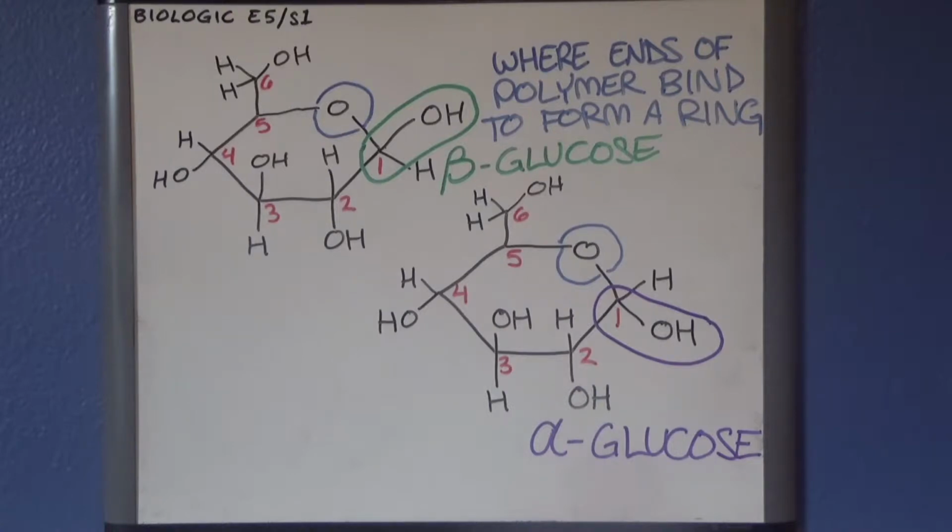The alpha and beta positions are determined by a hydroxyl group's orientation relative to the plane of the ring. So think of the ring as making a disc shape, and the hydroxyl groups will branch off of it either above the disc or below the disc. The top of this disc, or of this plane that the ring forms, is the side that has the 6th carbon atom jutting out of it.